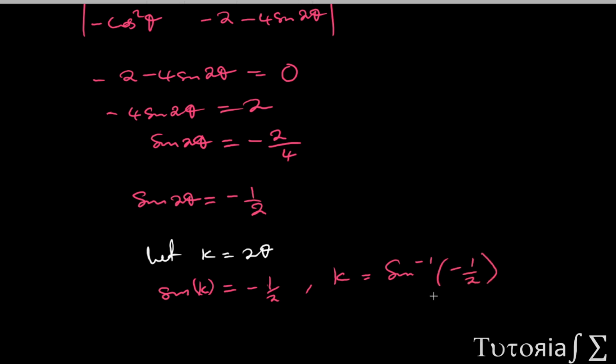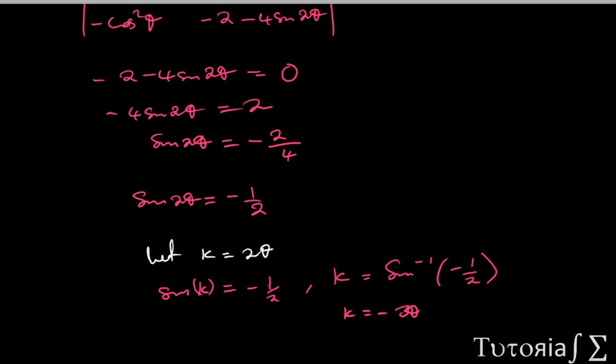Okay, so now sine inverse of negative half. All right, so when punching that on your calculator, make sure that your calculator is in degrees. So sine inverse of negative half will give us k equals to negative 30 degrees.